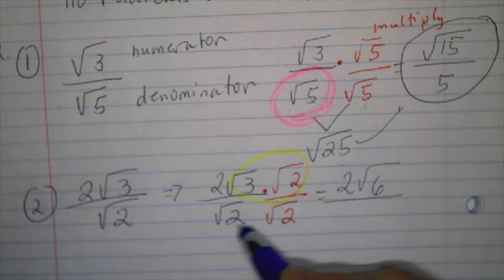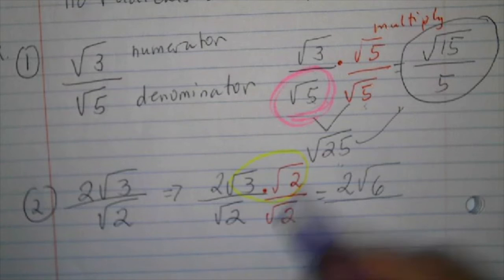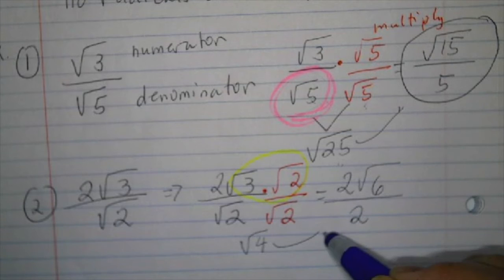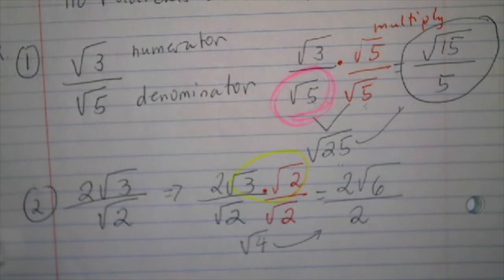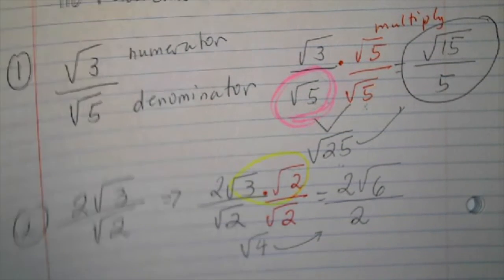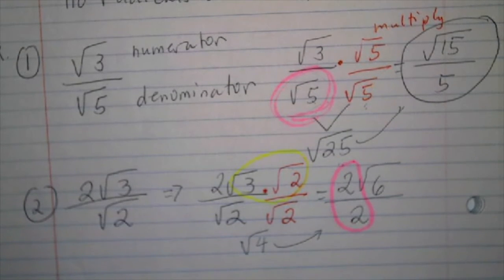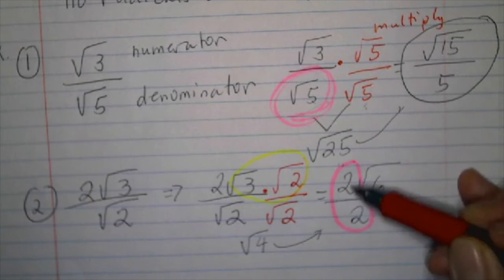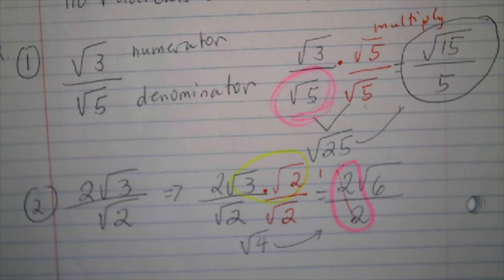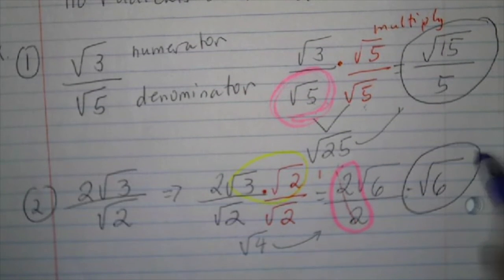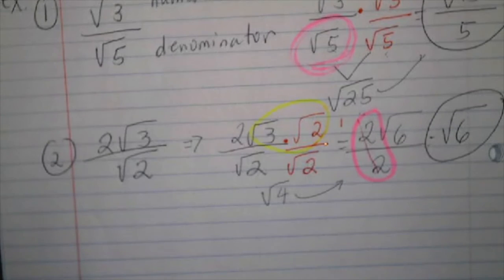I copy down 2. Square root of 3 times square root of 2 will give me square root of 6 over the common, which is square root of 4, and square root of 4 will just give you a 2. Since I have a 2 on the numerator and a 2 on the denominator, I need to simplify this. 2 divided by 2 will give me a 1. So your final answer is just radical 6.